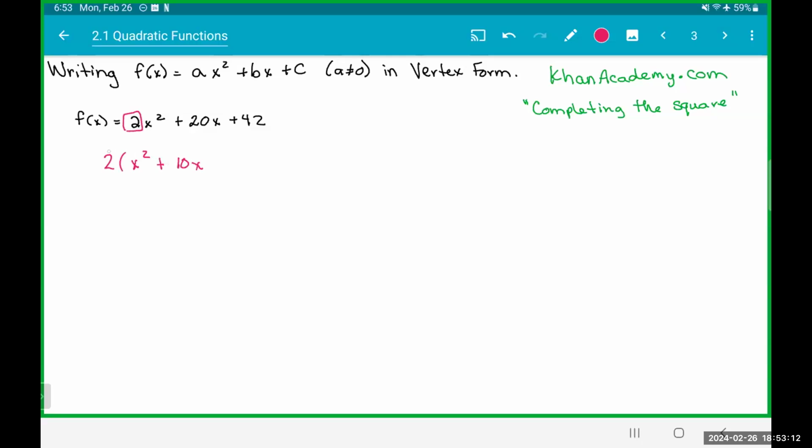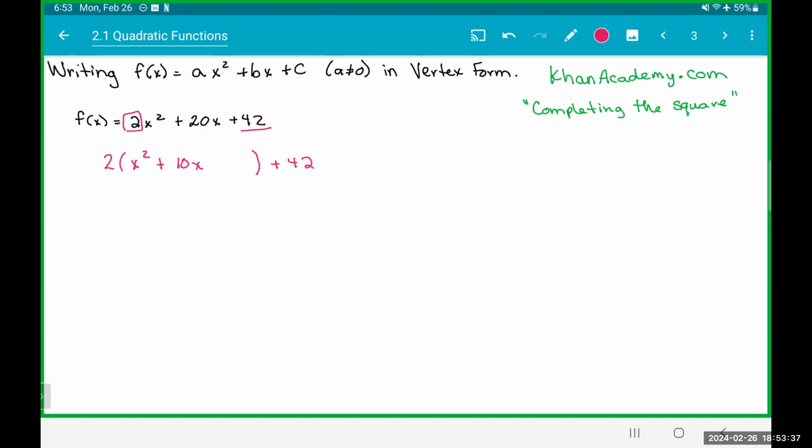Because if I multiply this back together, I get the 2x squared plus 20x. Now, we're going to skip some space here and then write the 42 outside. We're not going to factor with the 42, okay? We're going to put that outside. We haven't done anything to change it.